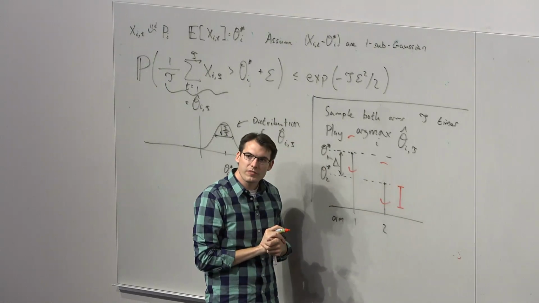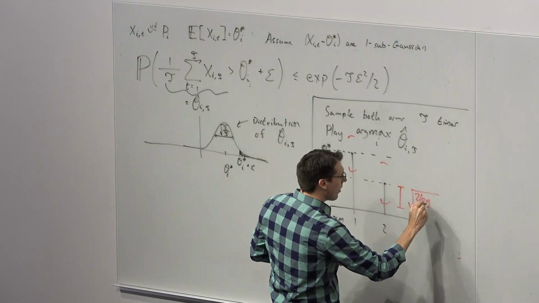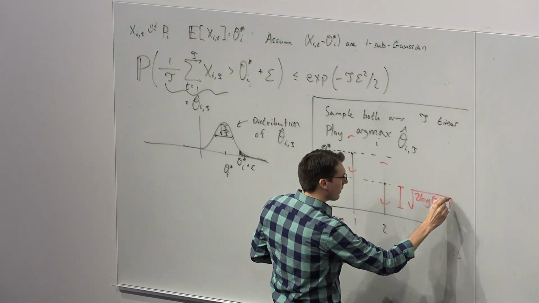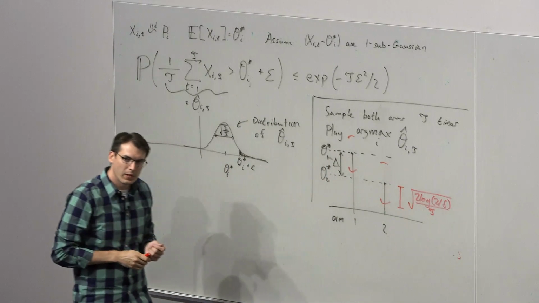The width of this confidence interval goes down like square root of 2 log 2 over delta over tau for each one.